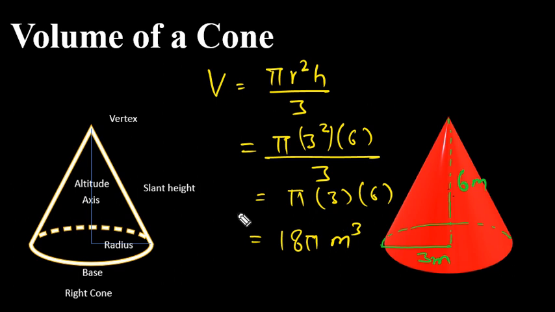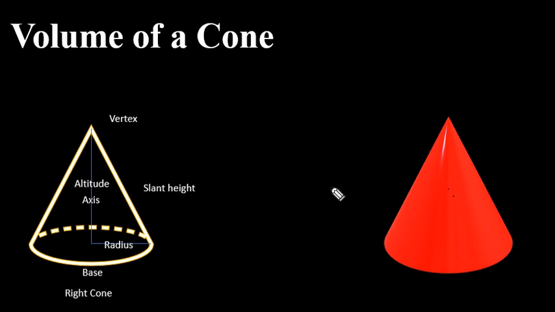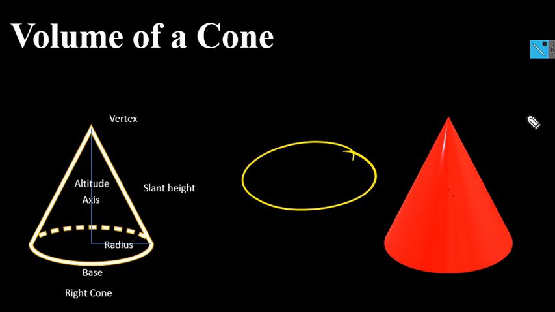This is the case when the altitude and axis of the cone are the same, and this is your right cone. But what if the altitude and axis are not the same?